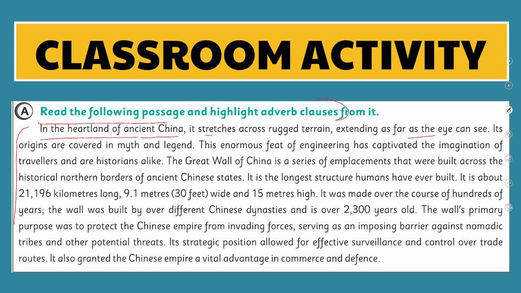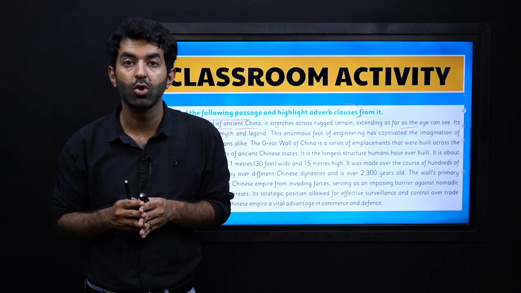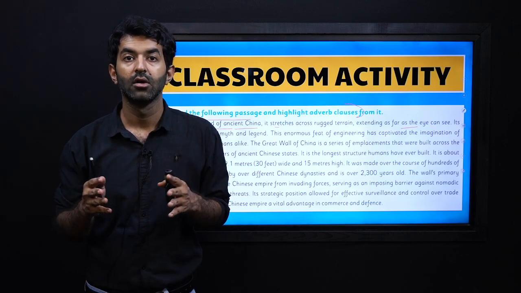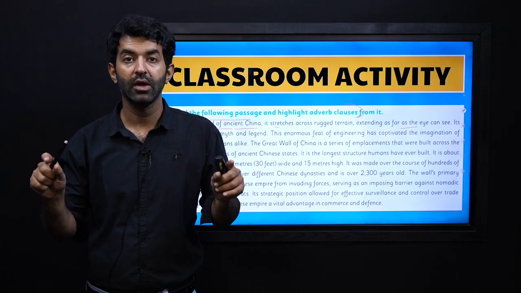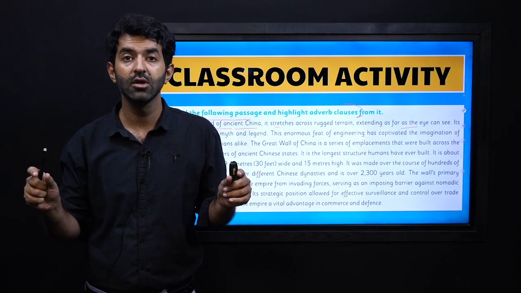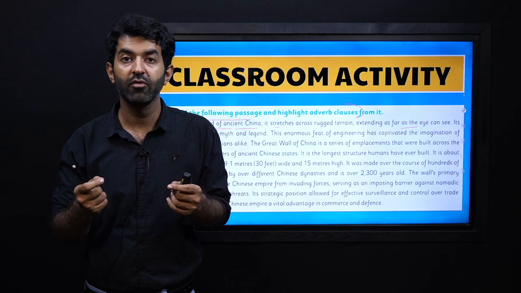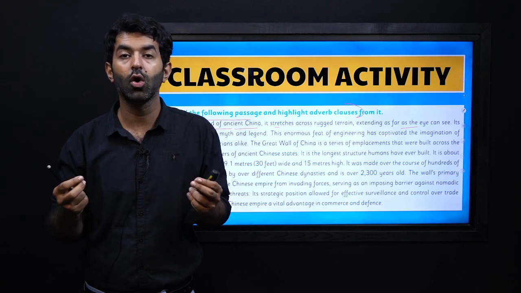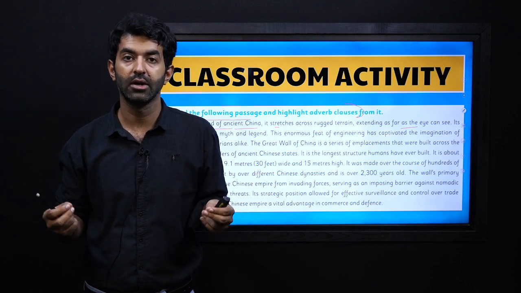So by reading this whole passage, now focus on the subordinating clauses and look for conjunctions and adverbs. If you see them both in one subordinating clause, you can call it an adverb clause. So you have to have a conjunction, an adverb, and also it has to be a dependent clause or subordinating clause.